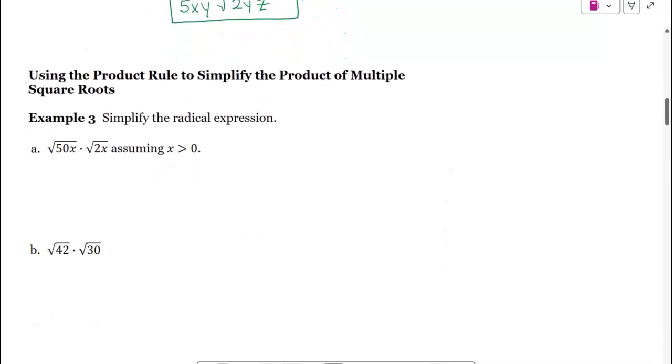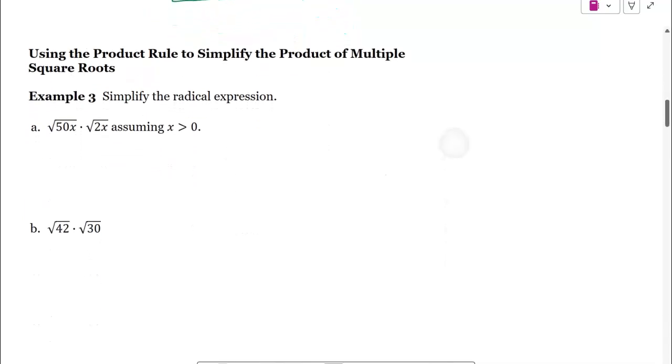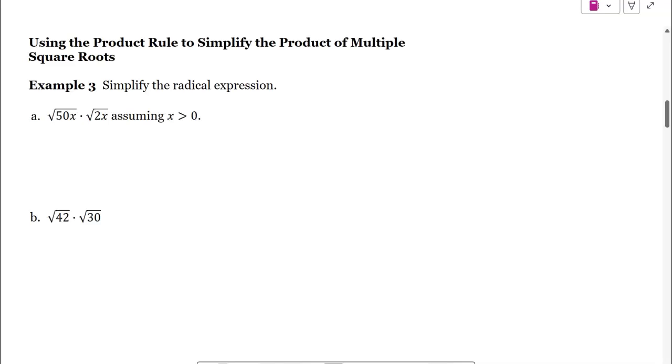For these next examples, we're going to go in the opposite direction, where we've got two square roots that are being multiplied, and we want to combine them into a single radical expression. For example A, we have to have the assumption that x is greater than 0, because we're not allowed at this point to take the square root of a negative number.